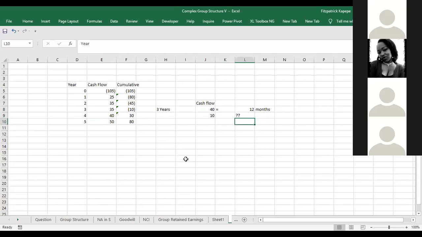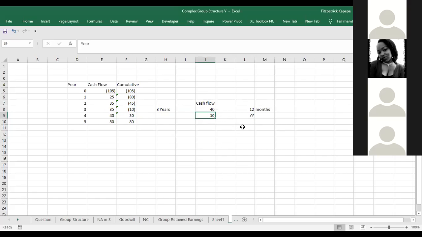This is how you should be doing, just to make yourself understand what you're doing. If 40, whether a kwacha or 40,000 or 40 million, takes you 12 months, all you need is the 10 to break even.